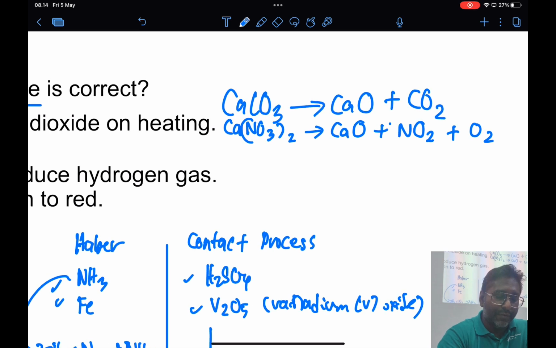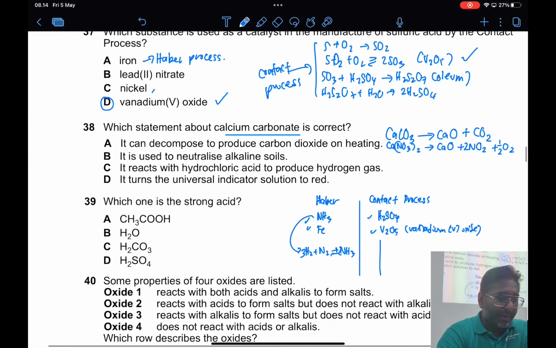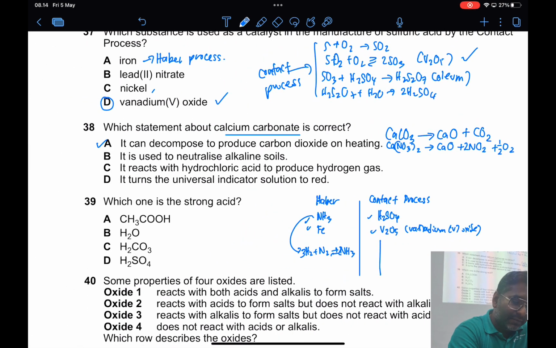If you want to balance, of course, you can put 2 over there and then 6, so this one will be half, then you can times everything by 2. So please remember that. Anyway, this is correct. It is used to neutralize alkaline soil.